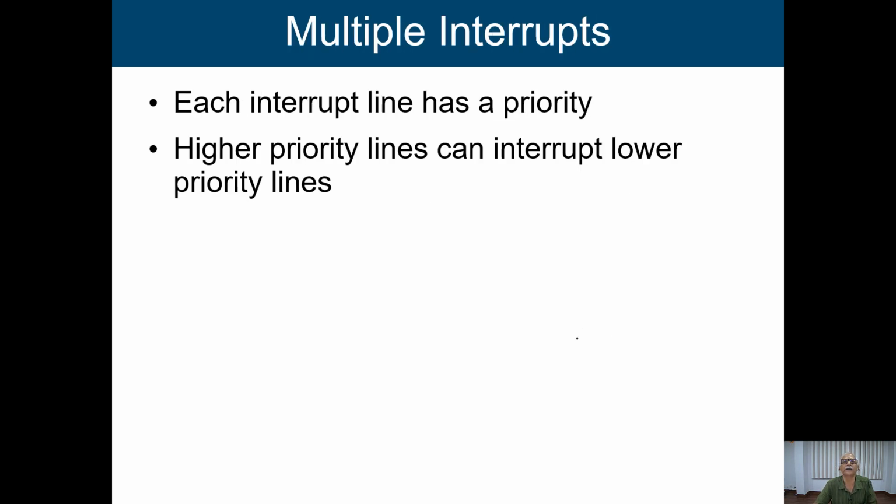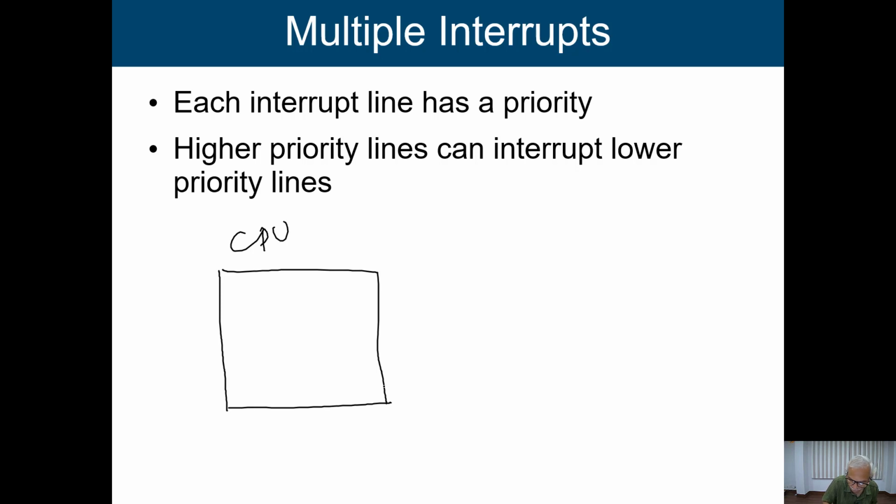I have already talked about how we are going to use multiple interrupts. Each interrupt line has a priority, and higher priority lines can interrupt lower priority lines. So here we can have multiple interrupts. This is the CPU, and I can have several interrupt signals.